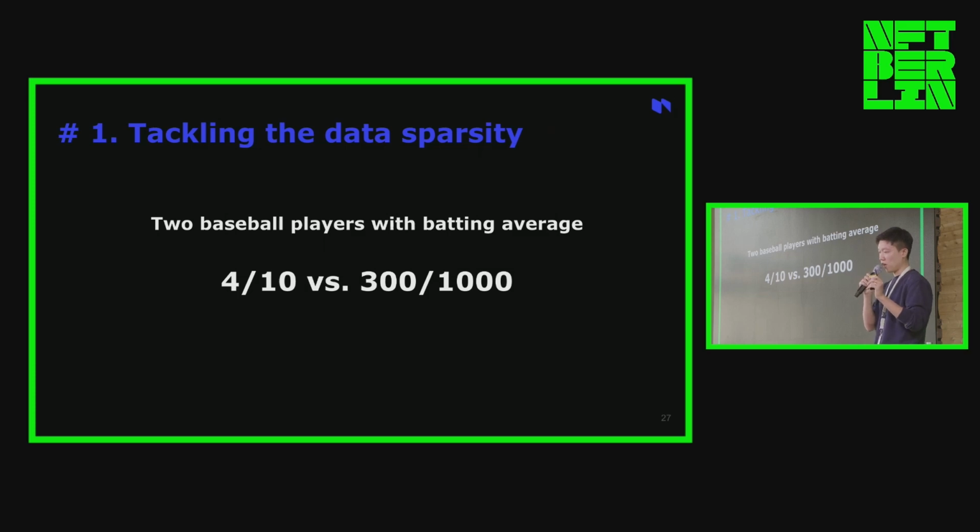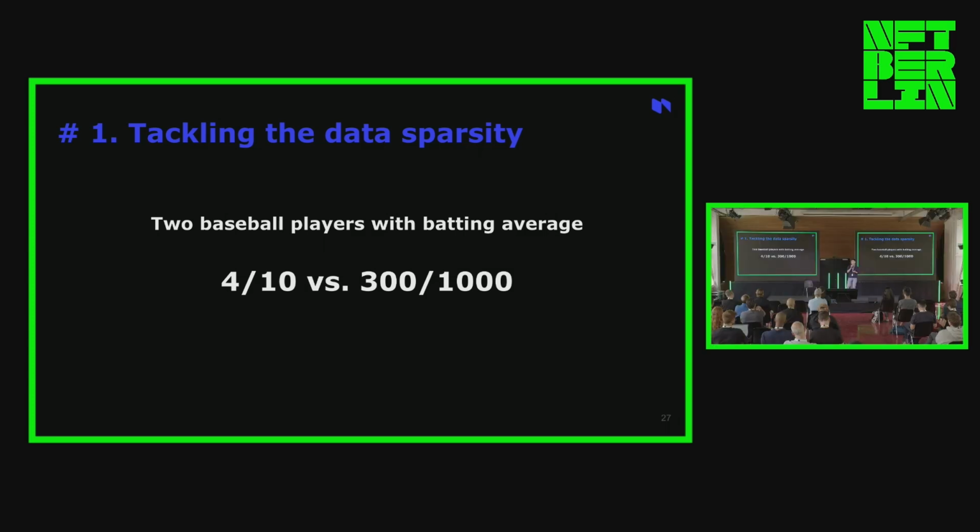The first player hits 4 times out of 10 attempts, and the other got 3 hits out of 1,000. Which one would you choose? In terms of the batting average, you can consider the first player the winner, right? But if you think about the evidence that we have, for the second player, we can have more confidence.